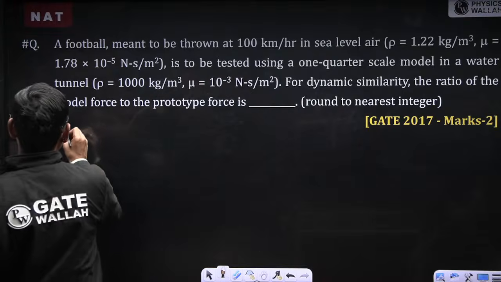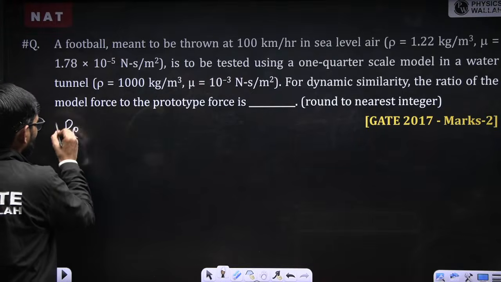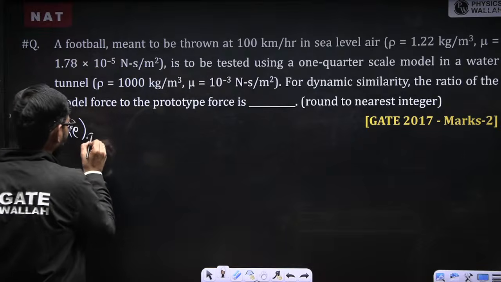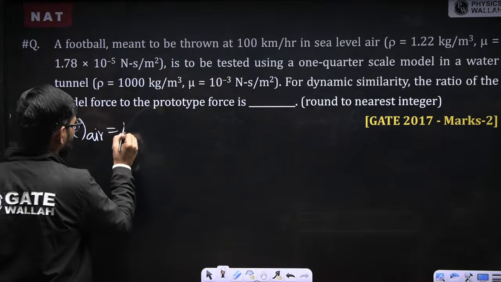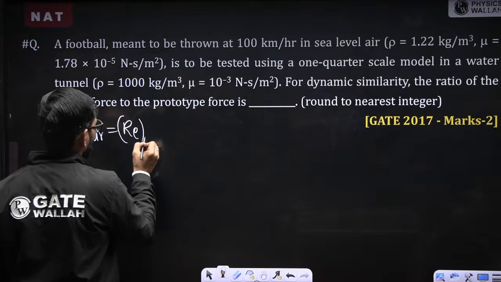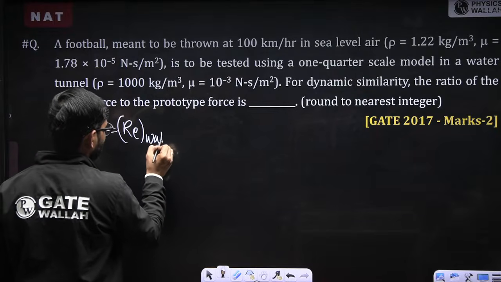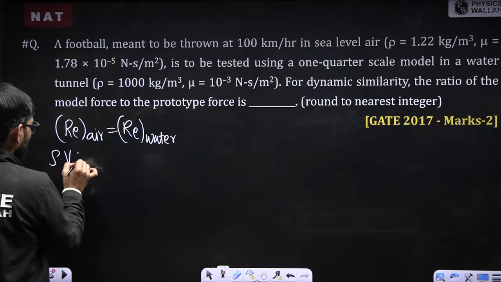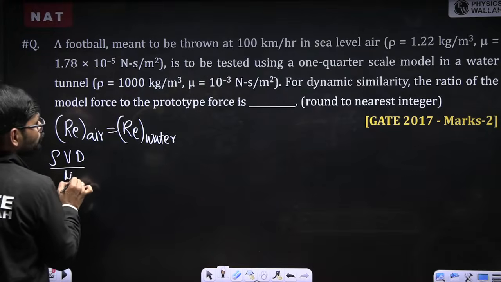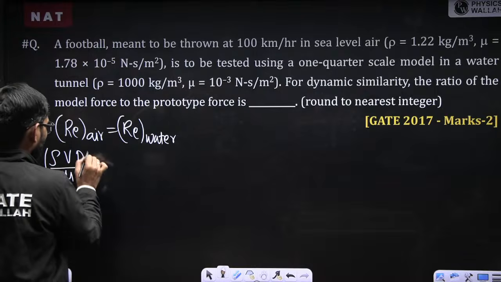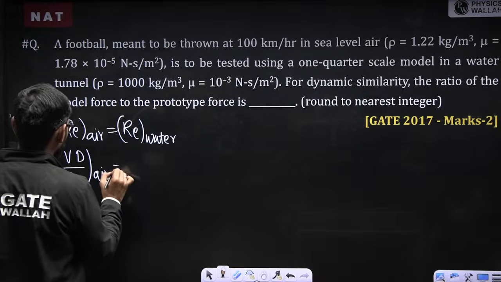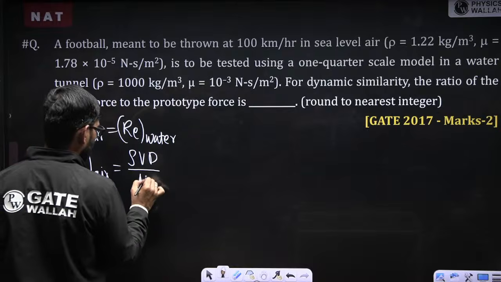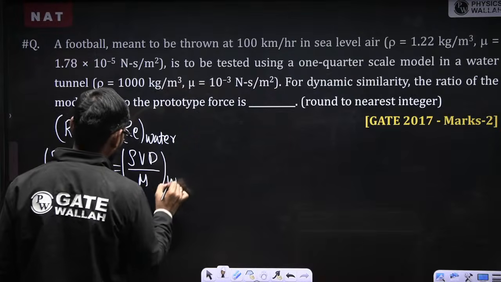So Reynolds number of the model, or I can say in air, must equal Reynolds number in water, right? These two. So rho V d by mu in air is equal to rho V d by mu in water.